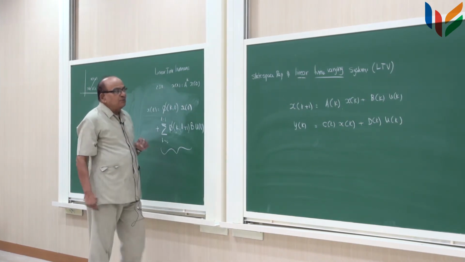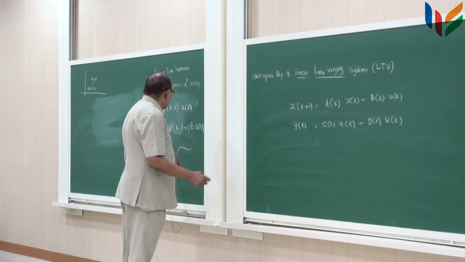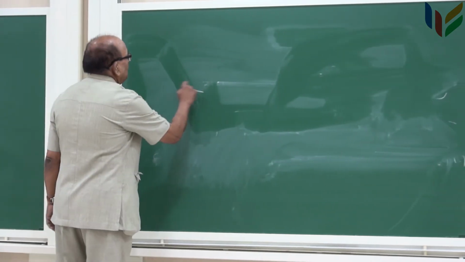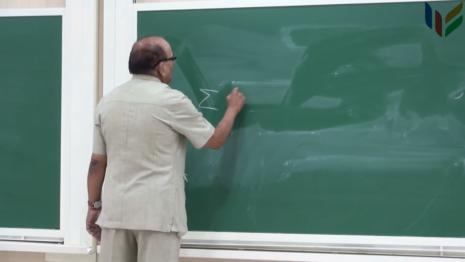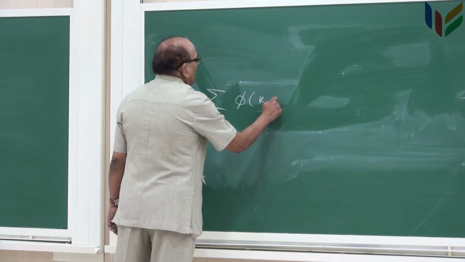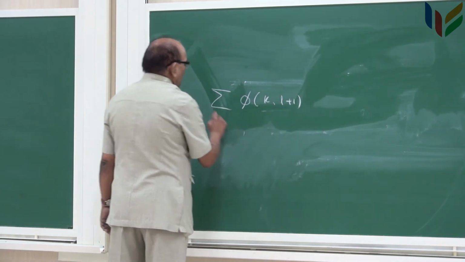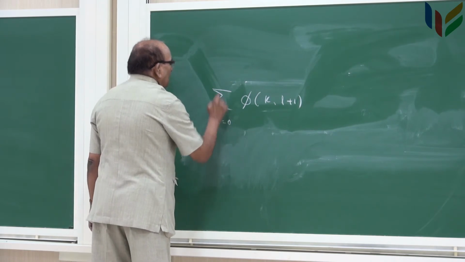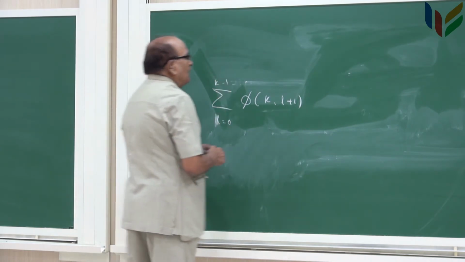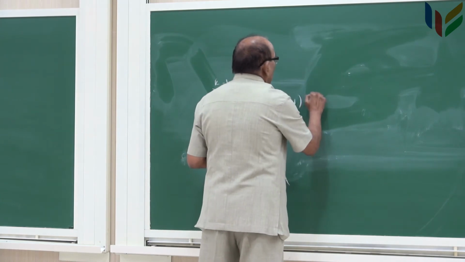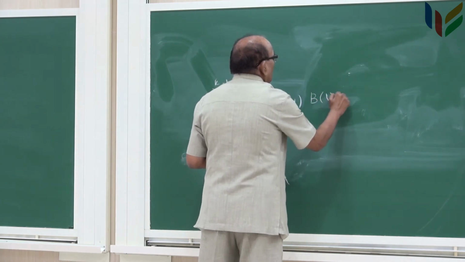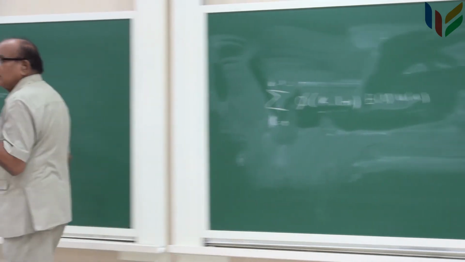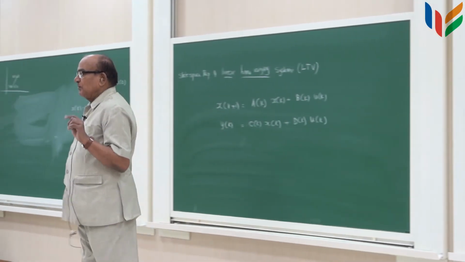Now you can see, I erased it, but it is the sum of phi k, L plus 1, for L equal to 0 to k minus 1, into B L into U L, which is the ZSR portion, the zero state response portion.